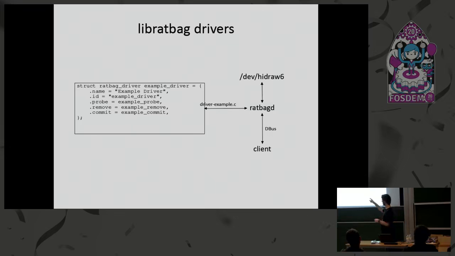Then you have a remove method, which is called when you remove the device. Then you have the commit method, which is called every time you update some setting. And usually what you do is take that and tell the device to be configured in that way.